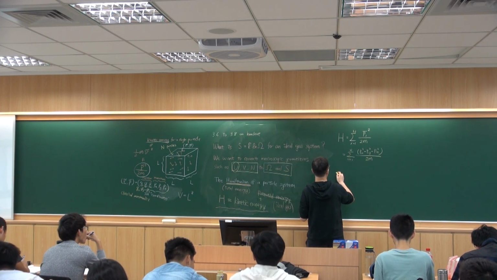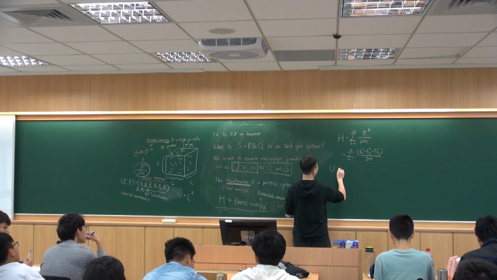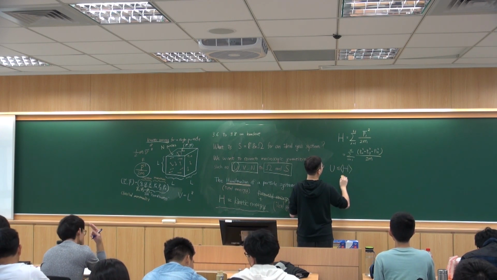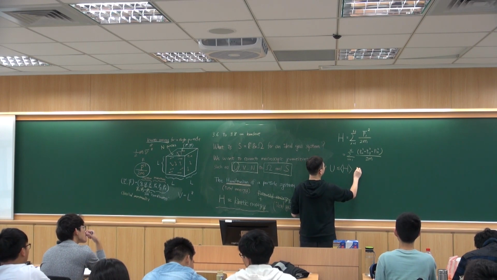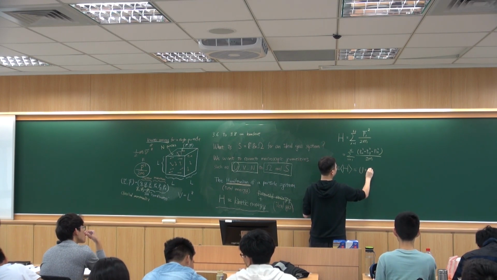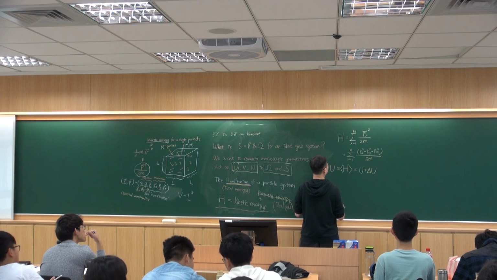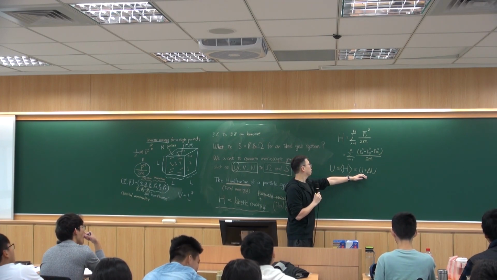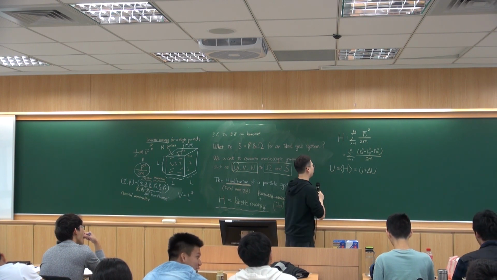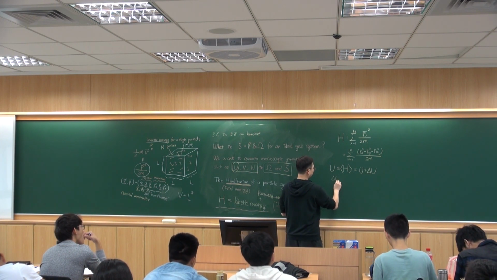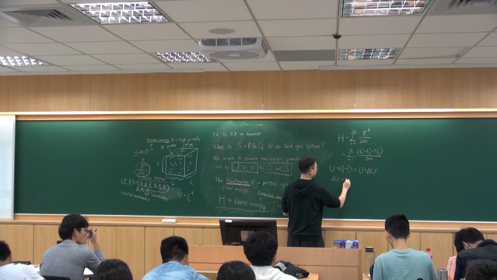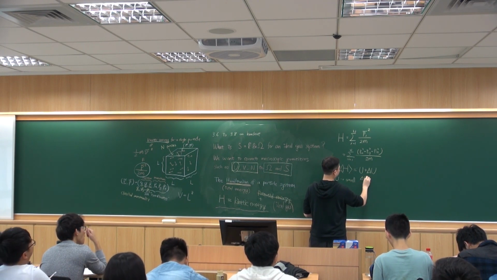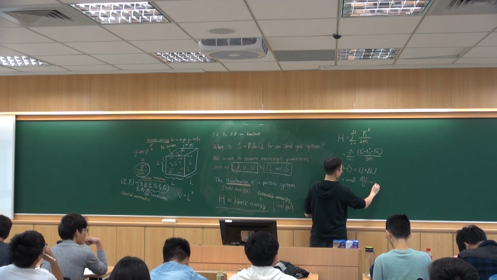And let's say the expectation value of this Hamiltonian is in between u plus delta u and u. And let's say delta u is very small.